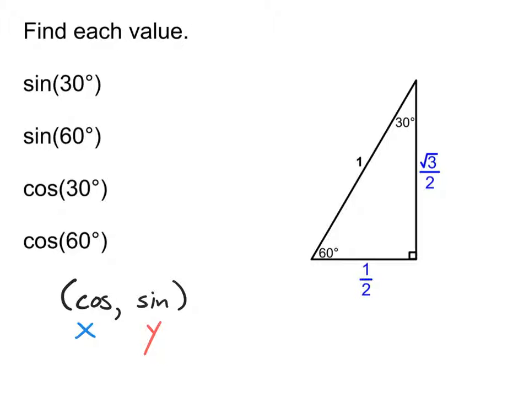So as I'm looking at this, then I can already know a bunch of stuff, because my x-coordinate in this picture is 1/2. My y-coordinate in this picture is root 3 over 2. So let's go ahead and use that x-coordinate here, 1/2. X-coordinate, of course, that is cosine. So then that tells me a cosine value. But the question is, which cosine value? Is this the 30 or is this the 60?